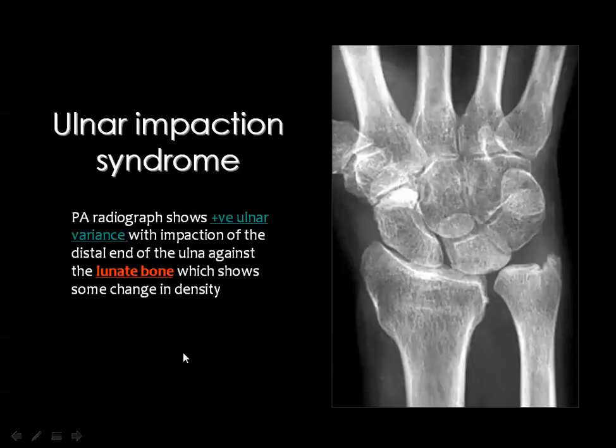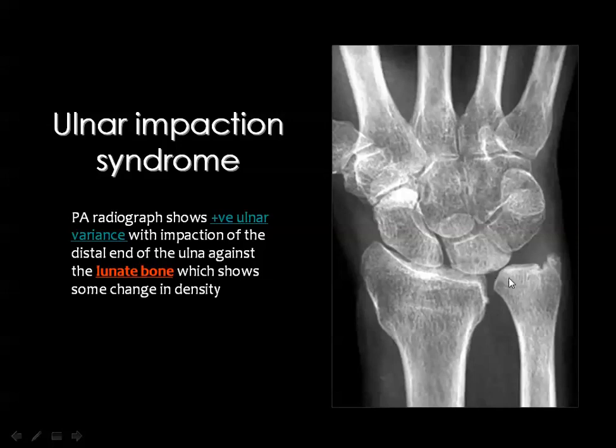And if the ulna is longer than the radius, it will impact against the lunate bone. You remember that the triangular fibrocartilage lies in between.